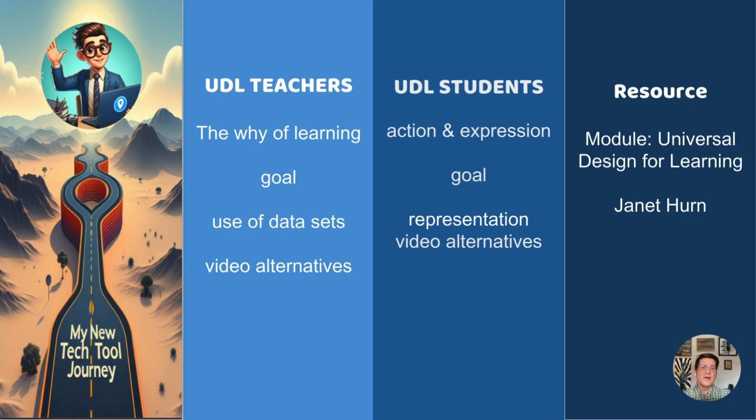And the why of learning, the action and expression, of course, both of those are references to the module that we took from Janet Hearn in the Universal Design for Learning, which was helpful in designing instruction for the teachers and rolling out these assessments to students.